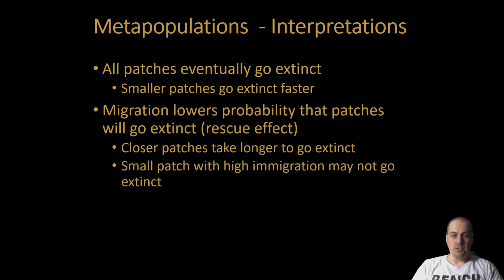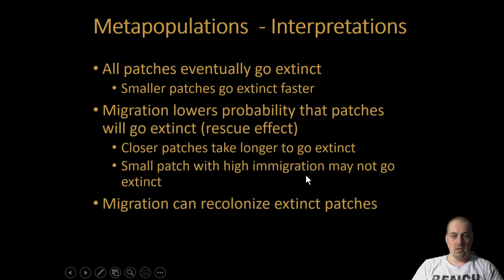And even though you have small patches, if you have a high migration rate, they can be prevented from going extinct. If patches do go extinct, migration can recolonize those patches, assuming that the habitat hasn't been completely destroyed.